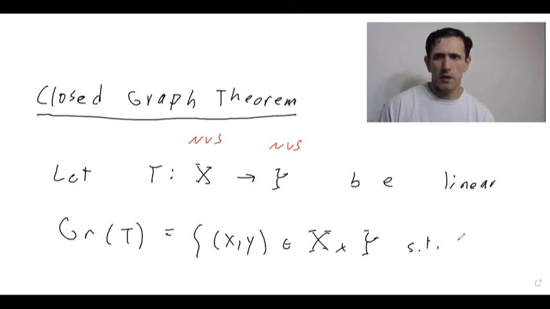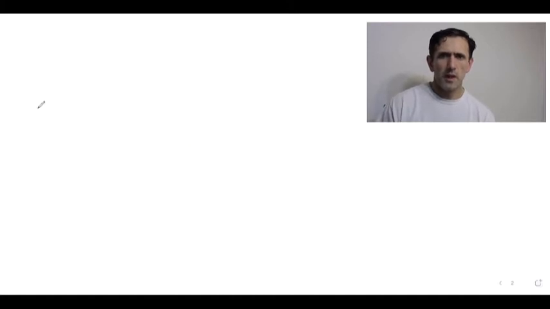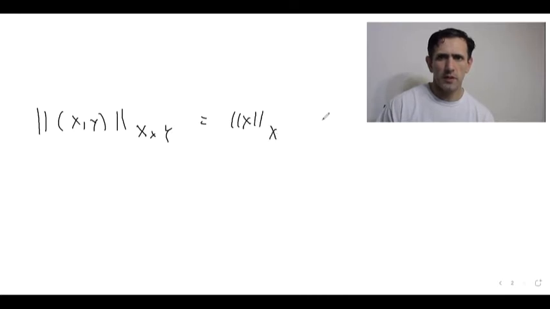Here y equals T of x. The norm we give on the Cartesian product is just the sum of the norms: norm of x plus norm of y.